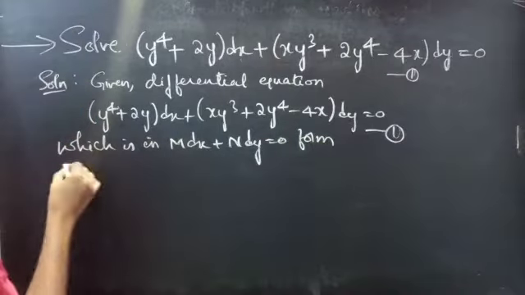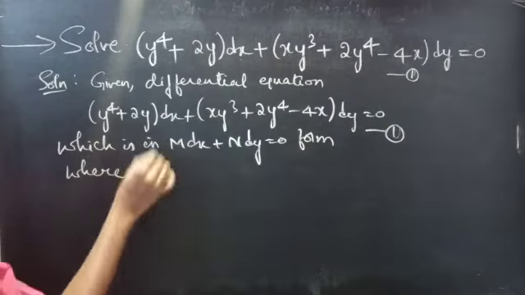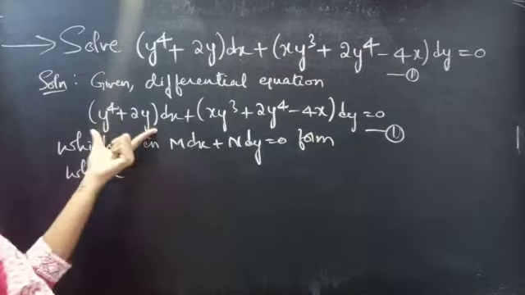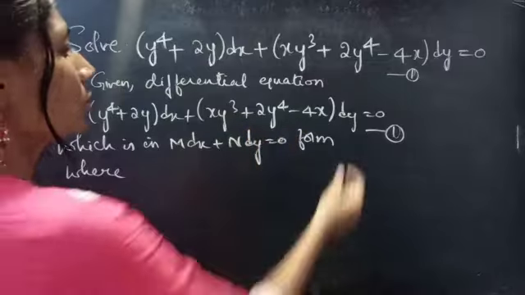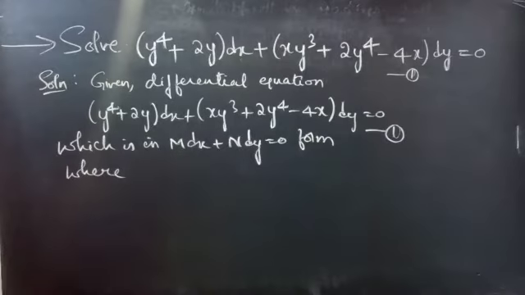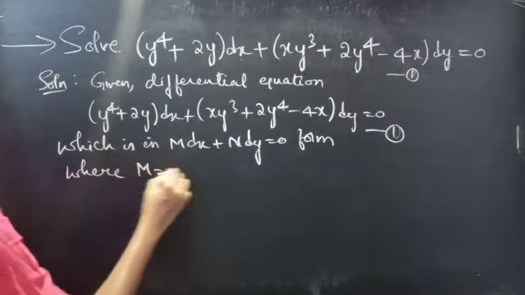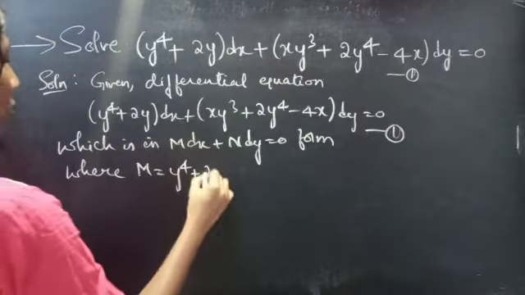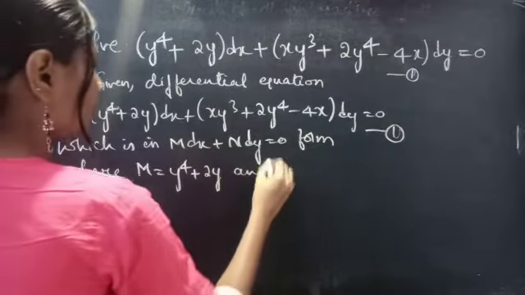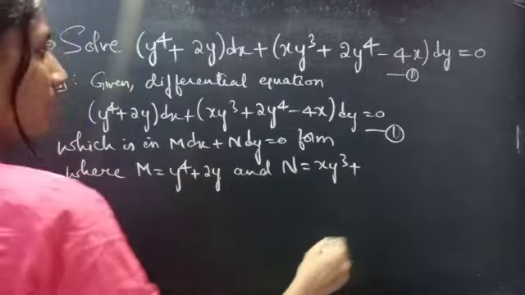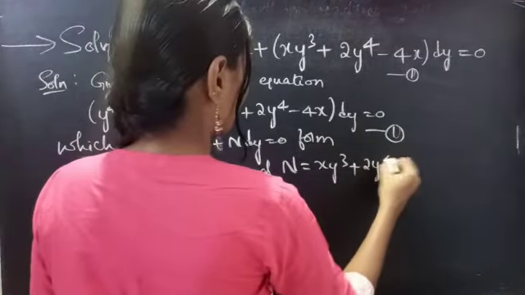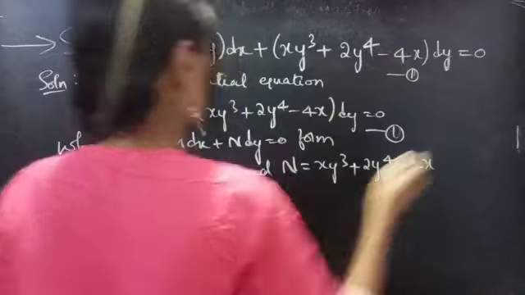By comparing these two, the coefficient of differential dx is your M and the coefficient of differential dy is your N, where M = y^4 + 2y and N = xy^3 + 2y^4 - 4x.